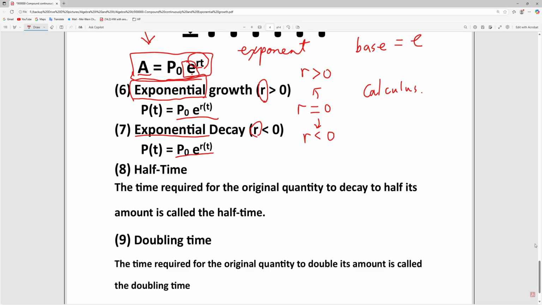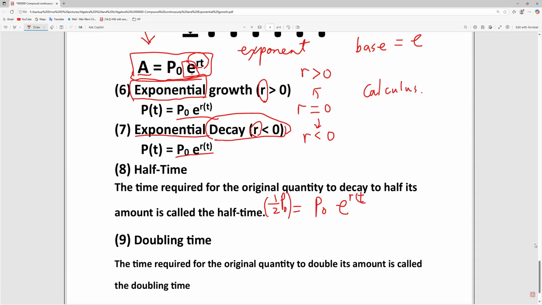So for example, if you have a chemical radiation and you have the stuff will decay, the amount. So half time means when you have the original amount and after the exponential decay, it becomes half of the original amount.